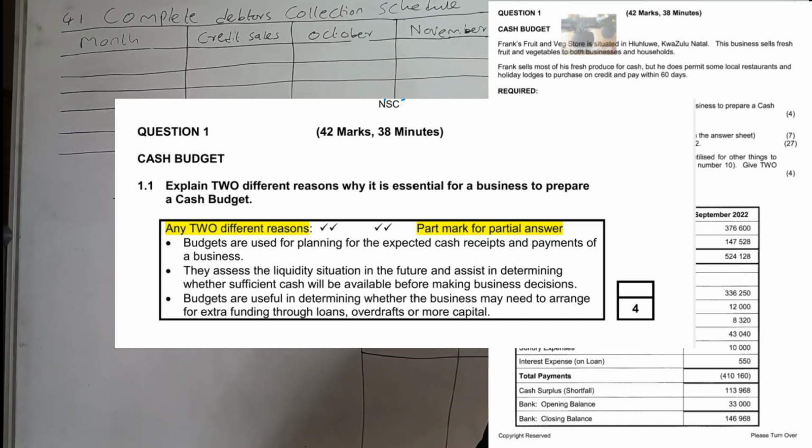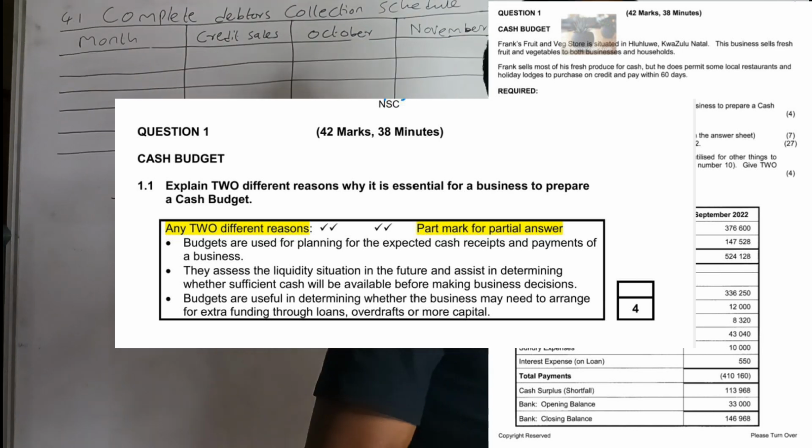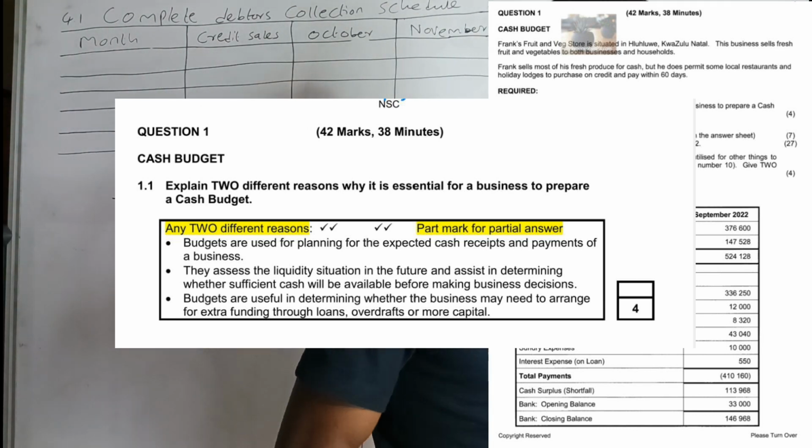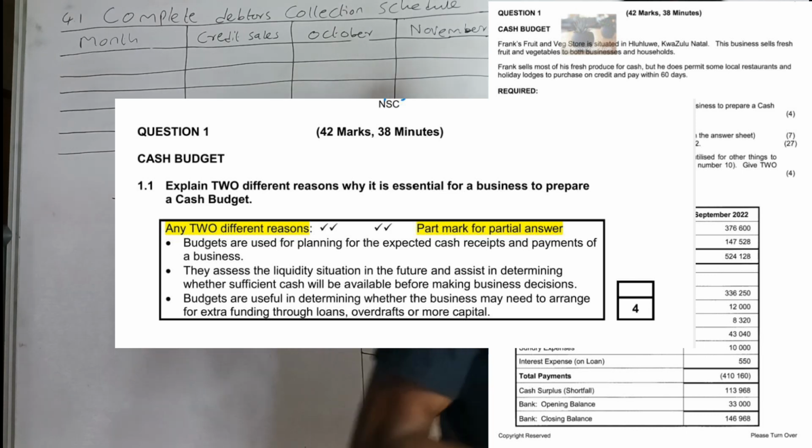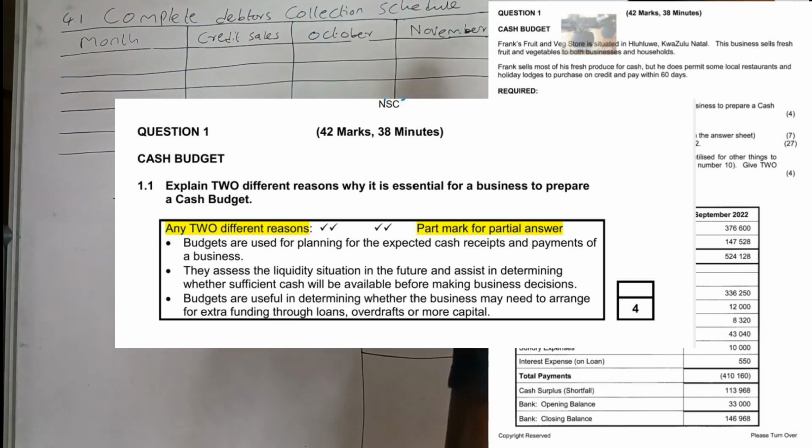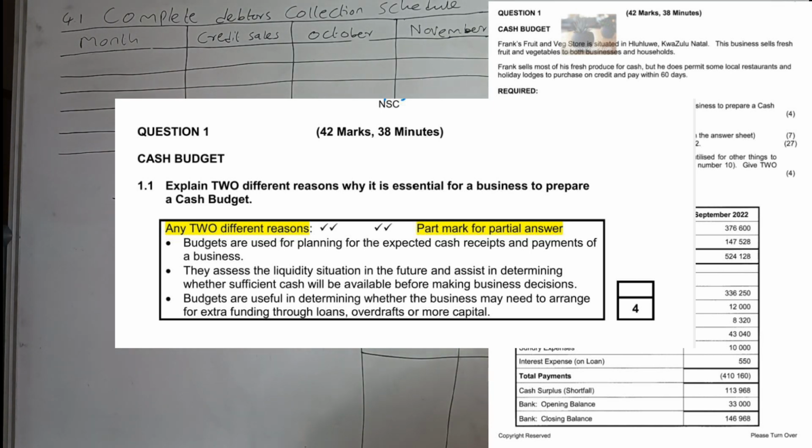Obviously, as a business, we have to plan how we are going to make payments and how we are going to receive cash from outside. Remember, we don't only receive cash as sales, we can also receive cash from different departments as a business. So we also have to plan that.